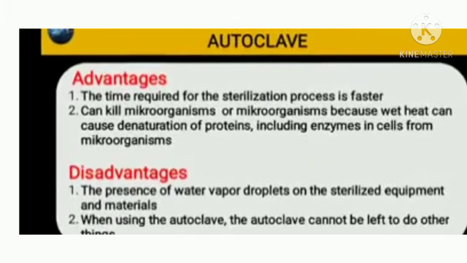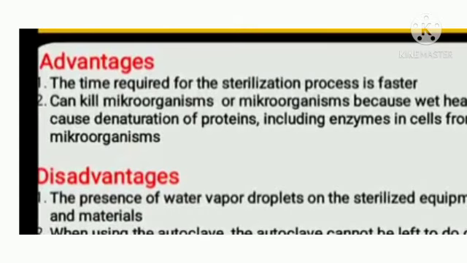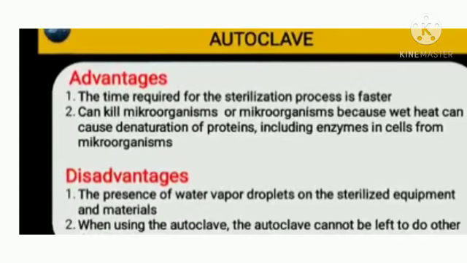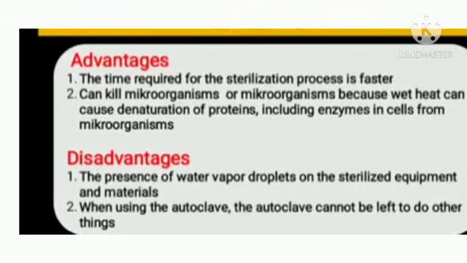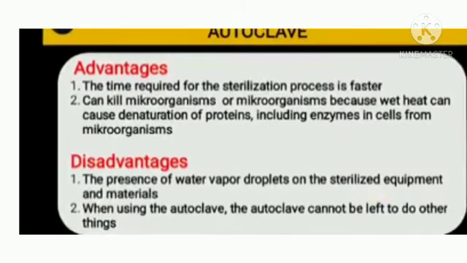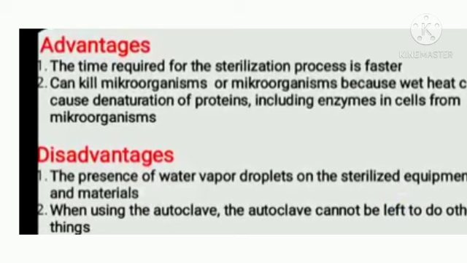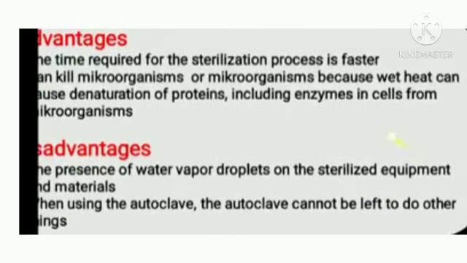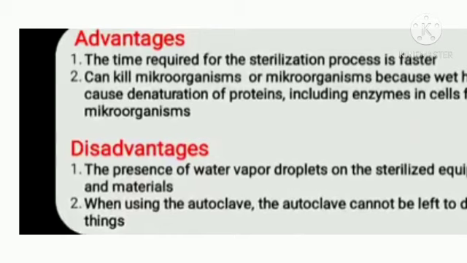It can kill microorganisms, because heat can cause denaturation of protein, including enzymes in the cells of microorganisms. Disadvantages. 1. The presence of water vapor droplets on the sterilization equipment and material. 2. When using the autoclave, it cannot be left to do other things.